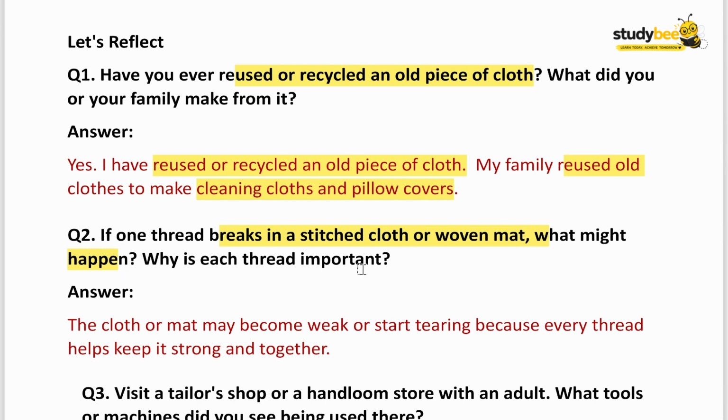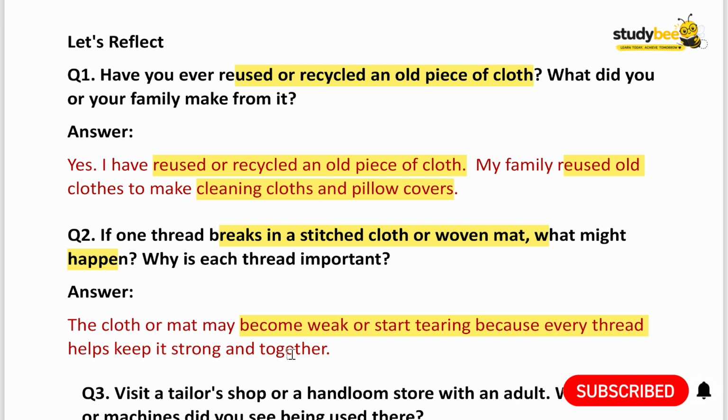Why is each thread important? So अगर आप देखोगे कि cloth में या फिर woven mat में कोई भी thread का एक stitch अगर टूट गया हो, so क्या होगा? So you will find that the cloth or the mat may become weak or start tearing because every thread helps keep it strong and together.